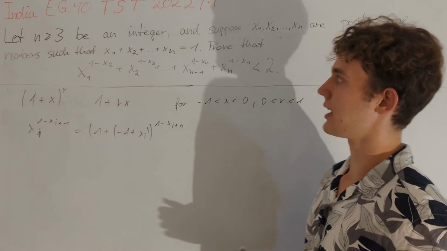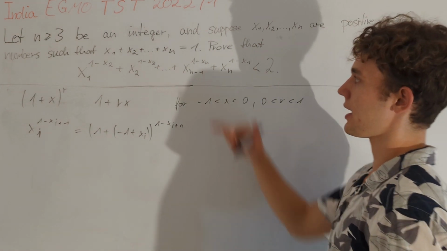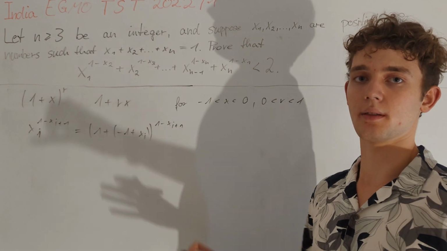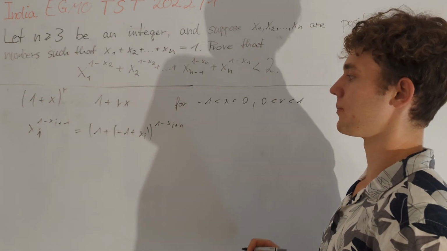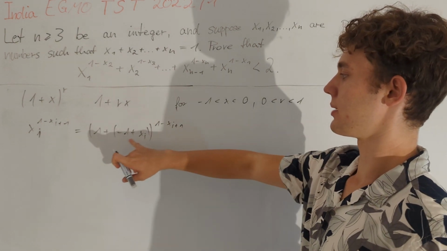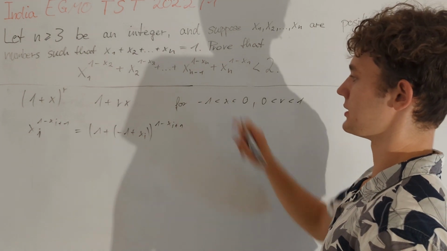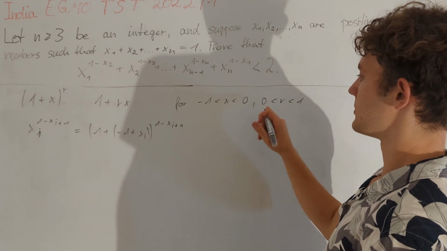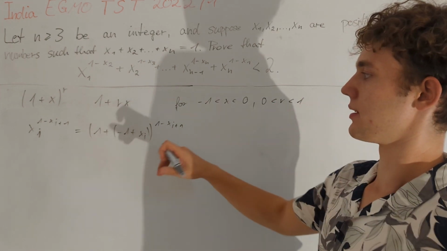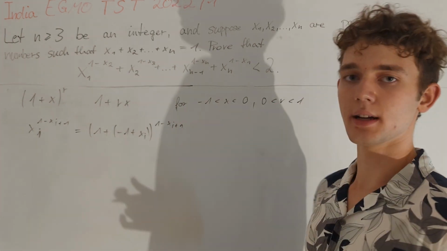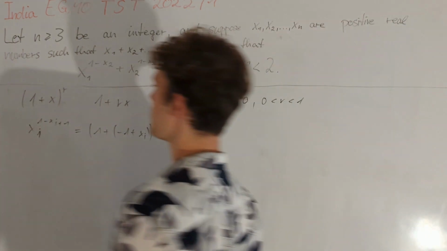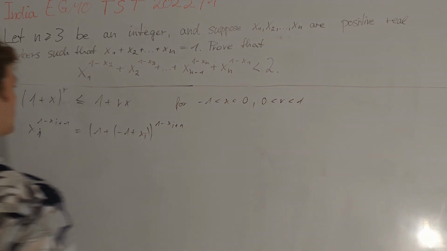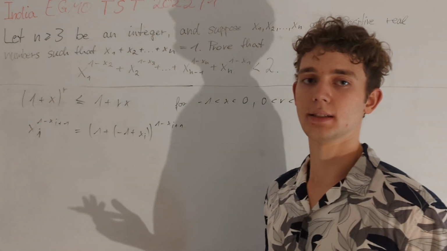Furthermore, the xi are positive real numbers and their sum is 1. Therefore, they must all lie within the interval 0 to 1. Hence, -1 plus xi lies between -1 and 0, and 1 minus x(i+1) lies between 0 and 1, which is the exact case I've written down right here. And for that case, we know that (1 plus x) to the power of r is less than or equal to 1 plus rx by Bernoulli's inequality.